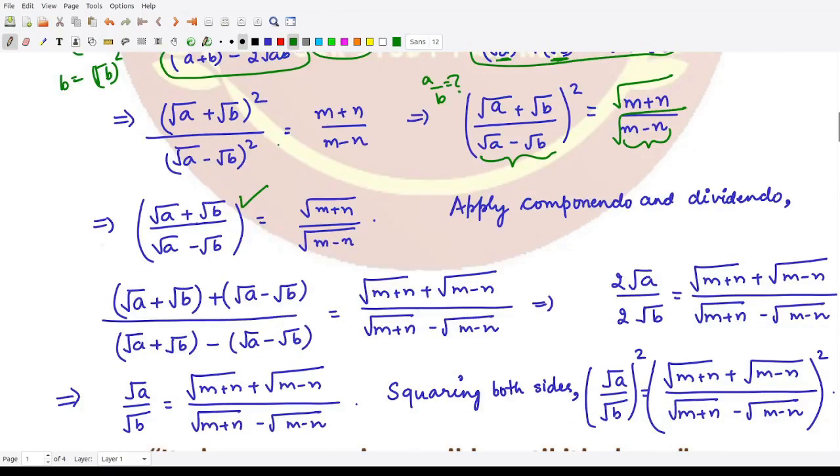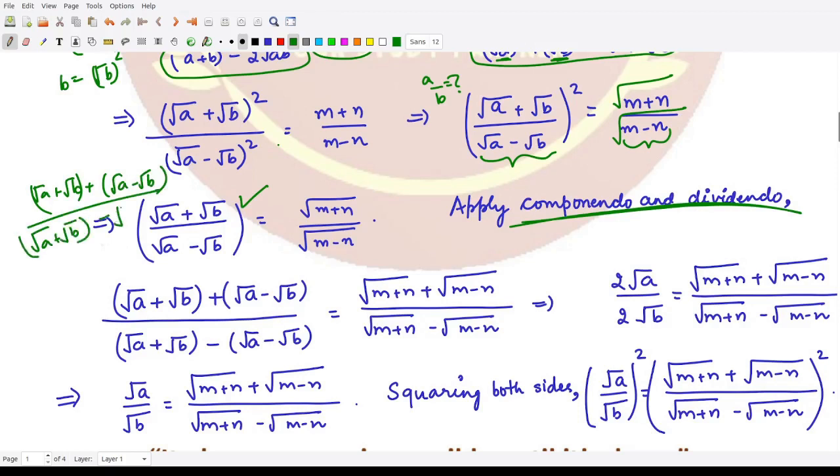Now here also you see we could cancel out some terms if we apply componendo and dividendo again. Basically, we are adding the numerator with the denominator first, and then subtracting the numerator and the denominator, so that some terms cancel with each other.